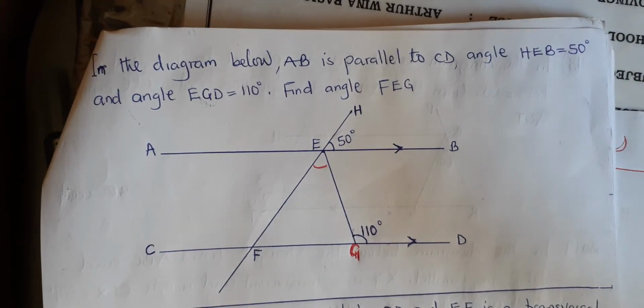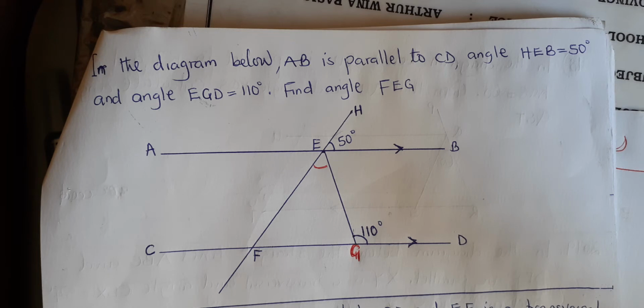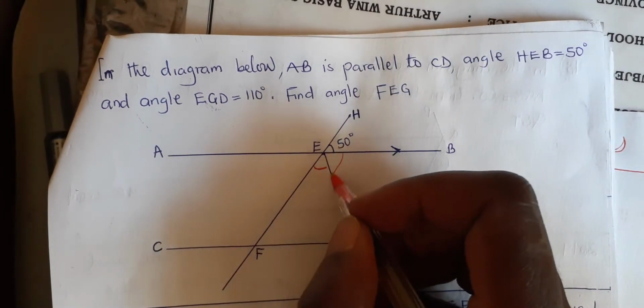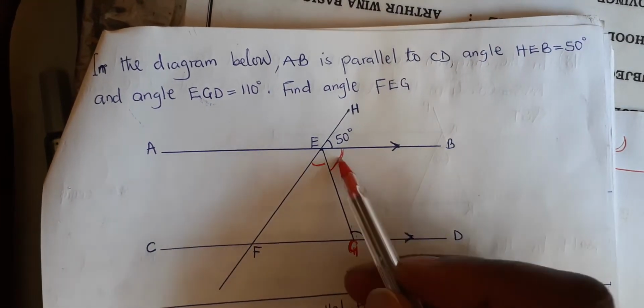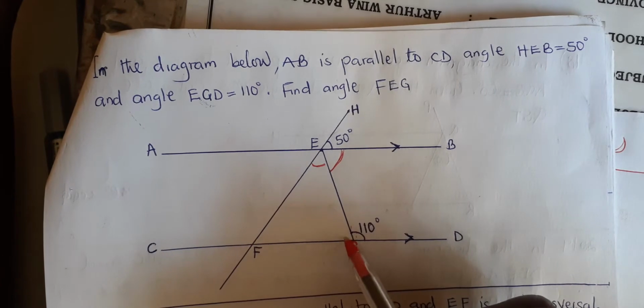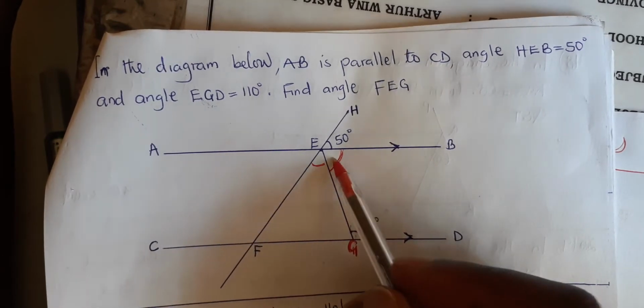Now, it is very important for you to know what you are doing here. We have two options that we can use here. The first option is where we find this angle here. This angle and this one are angles on the same side of a transversal.